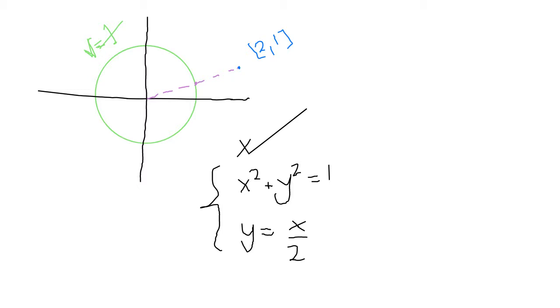Adding this up, it is 4 plus 1, so 5x² over 4 equals 1. So x is going to be 2 over square root of 5.